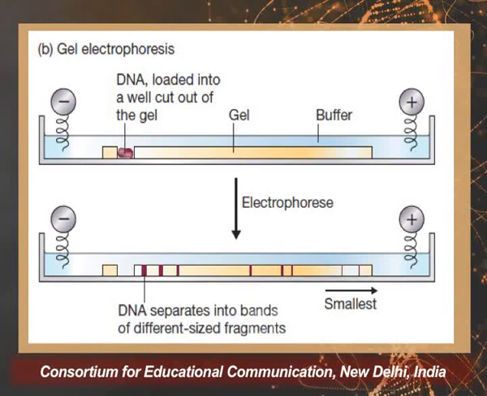Now, the gel contains the pores. As I said, the smaller molecules will run faster, whereas the larger molecules will run slower, because they have to pass through constant sized pores. Again, as shown in the lower half of the figure, the fragments will separate out based upon the size. So, this is a very useful technique to separate DNA fragments based upon their size, that is the length of the bases.